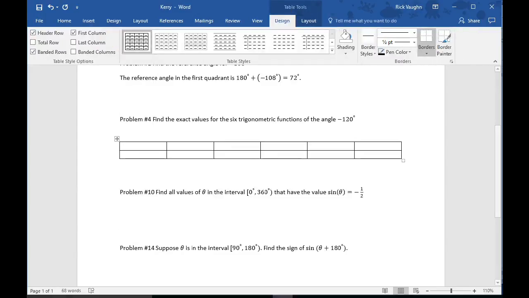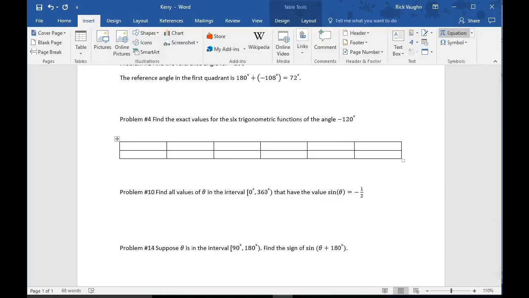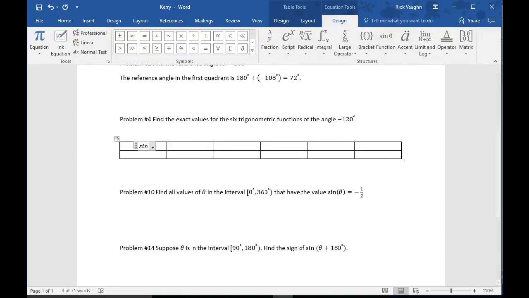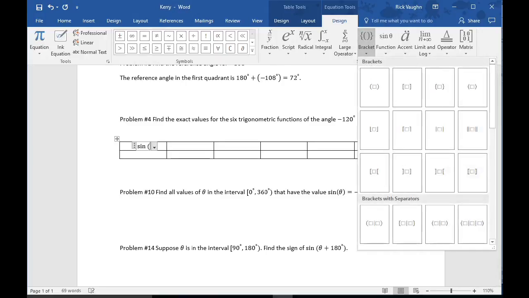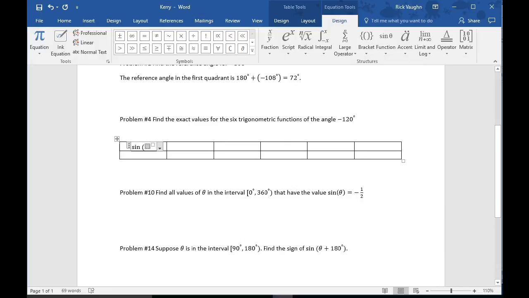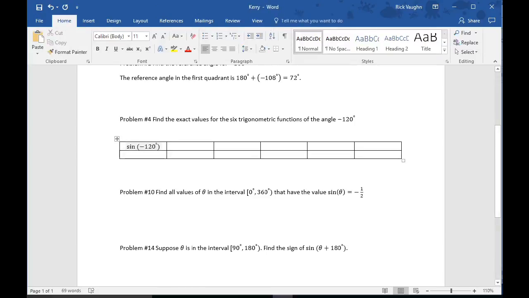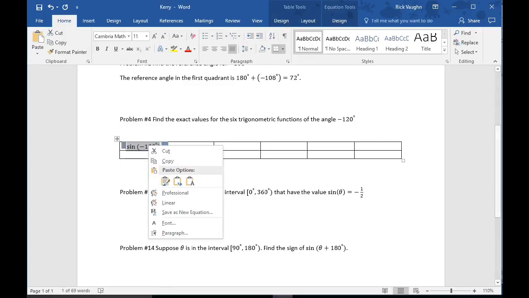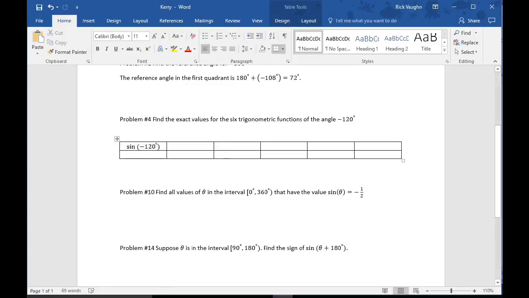All right, and inside each table cell, I'm going to insert the trigonometric function, sine of negative 120 degrees. One of the nice things about the equation editor is I can copy this entire equation and paste it in these other places.